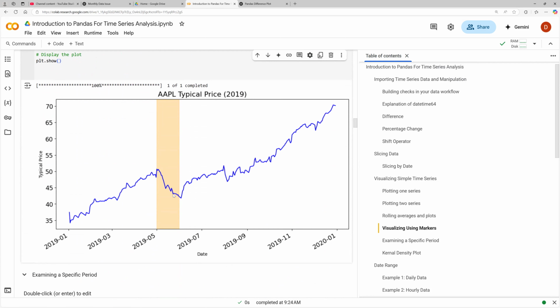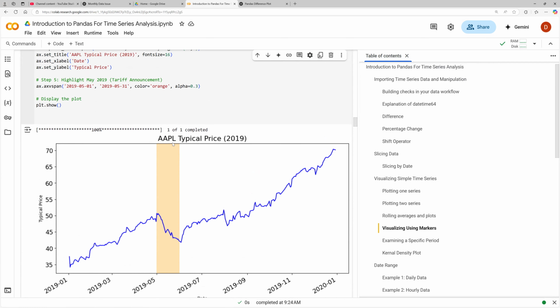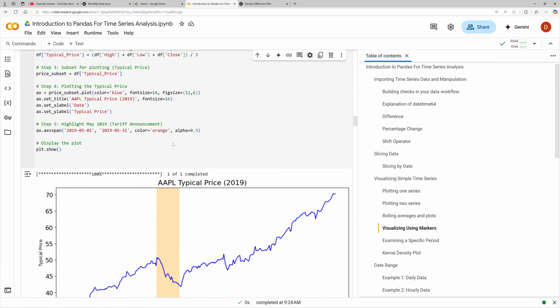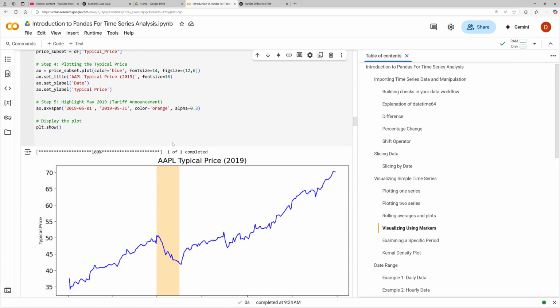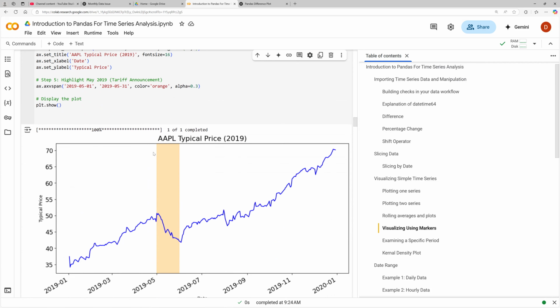It goes on for a couple of months until it started picking up again, and that could be due to alleviating the tariffs through some negotiation or whatnot. But we see this decrease here, which is pretty interesting. I could have done this for COVID, to see the impact of COVID. We could do it for numerous things, but it's useful.